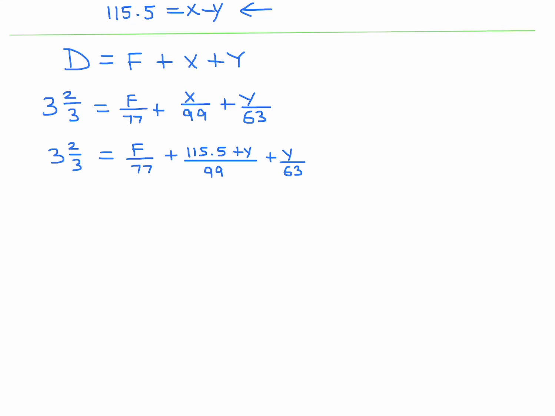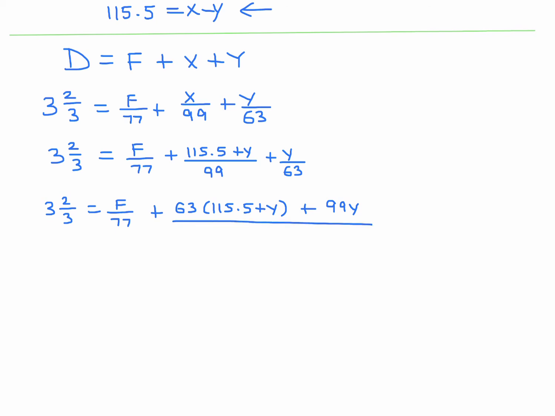We got to get some common denominators and all that. So let's do that. 3 2/3 is equal to f over 77. Multiply top and bottom by 63, 115.5 plus y. And then multiply top and bottom here by 99, so we get 99y. And this gives me a common denominator of 99 times 63.